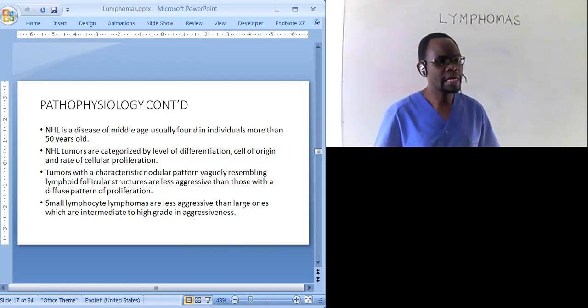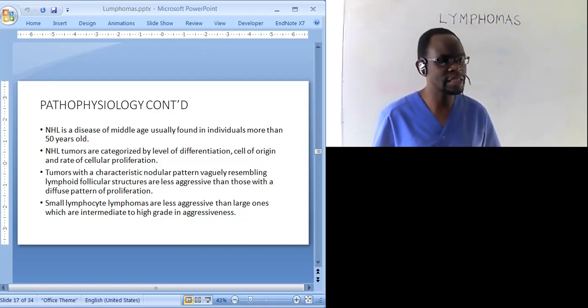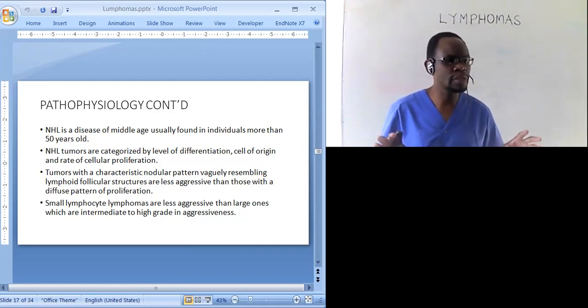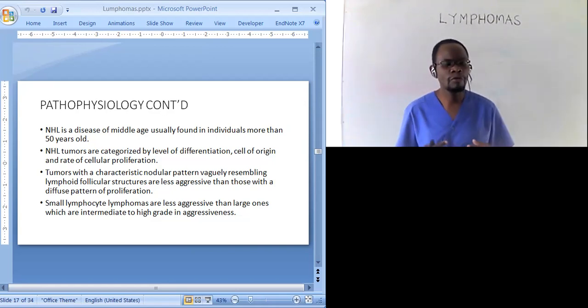The tumors with a characteristic nodular pattern, vaguely resembling lymphoid follicular structures, are less aggressive than those with a diffuse pattern of proliferation.